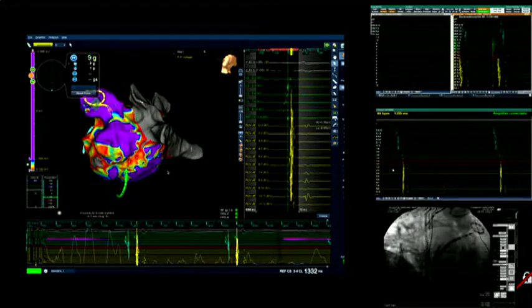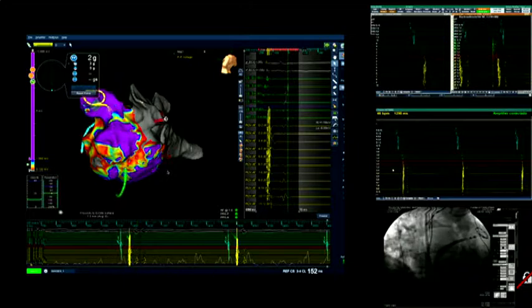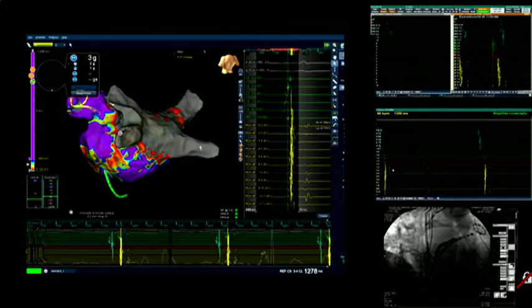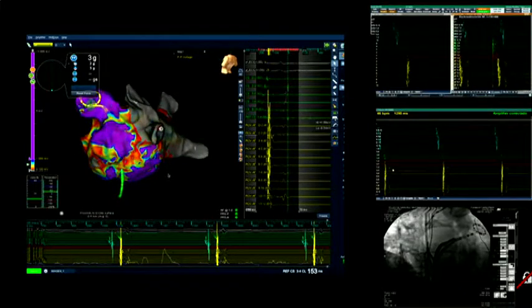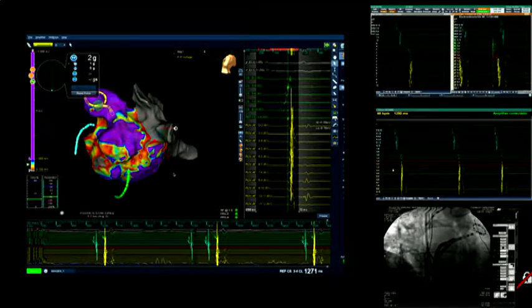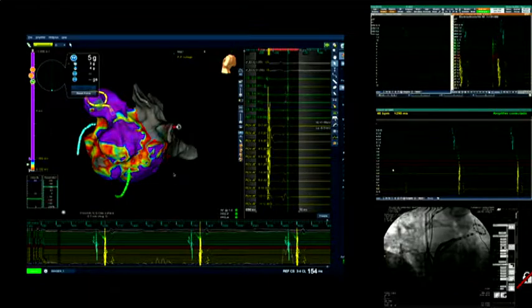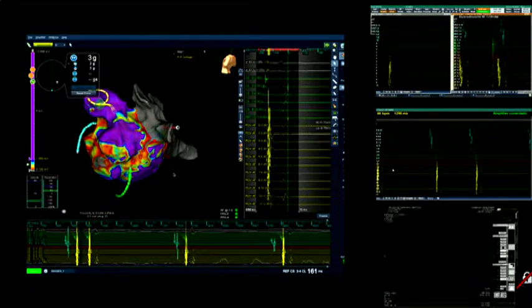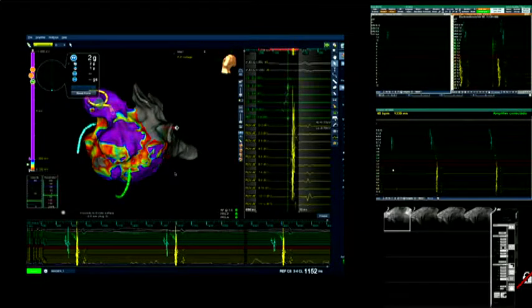in the anterior mitral line, or inferior rather. And we decided, due to time reasons and to do something different, to assess whether there was a possibility to map.